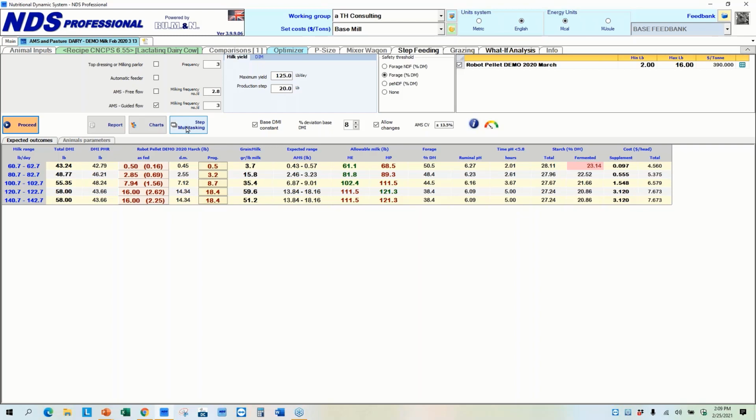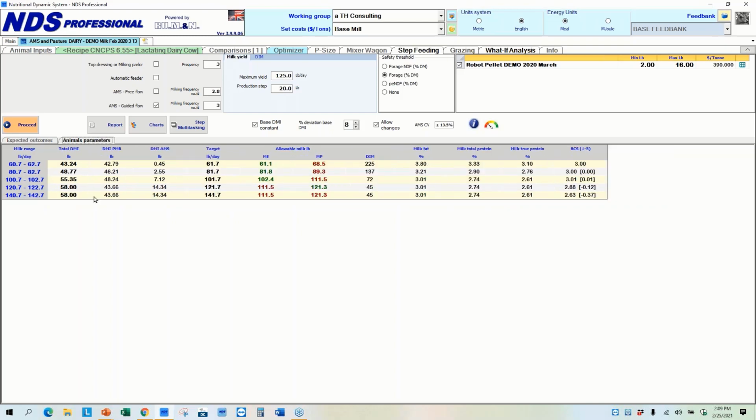And if we click on this, it will give us a multi-step look at all of these categories of animals. And then you can actually go in and start manipulating with the body weight loss. And the question always is, if this guy does have a 142-pound animal, it is, as lined out here, going to be a fresher animal in his system.